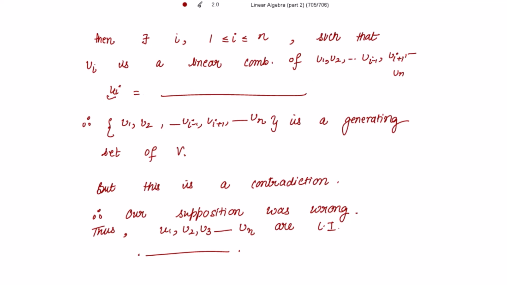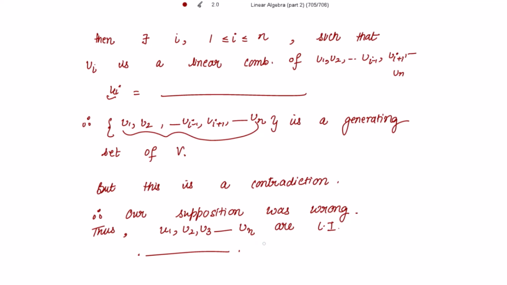This is a contradiction, because the generating set of V contains n vectors, while here the number of vectors is less than n. So this can't be the generating set of V, and our supposition was wrong.